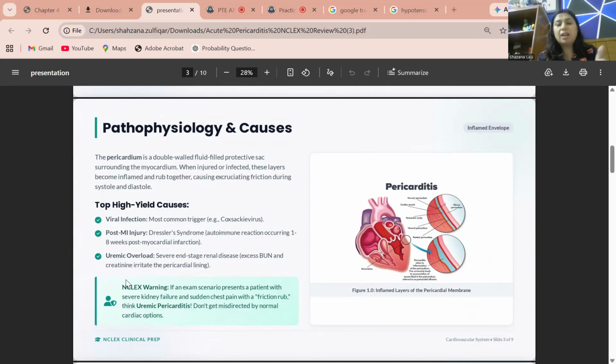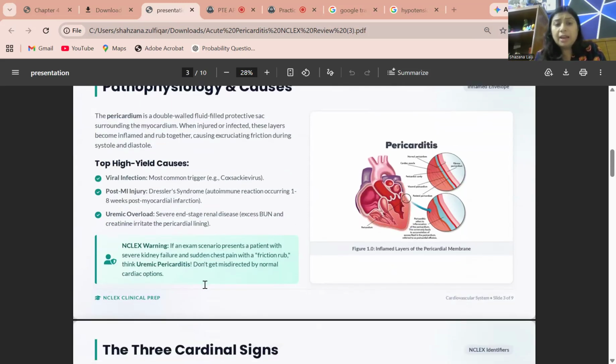Meaning when the patient has end stage renal disease, there is an excessive burden of creatinine, so it can also irritate the pericardial lining. The NCLEX strategy is, if an exam scenario presents a patient with severe renal failure and sudden chest pain, then you have to recognize it as uremic pericarditis.